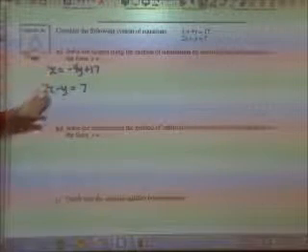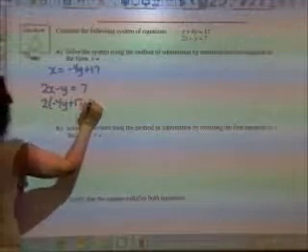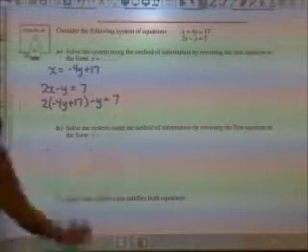Instead of writing x in this equation here, I can substitute it with this statement. Because x is equal to negative 4y plus 17, and x is going to be the same in both equations for the solution. So I can substitute in, and what I get is now an equation in one variable.